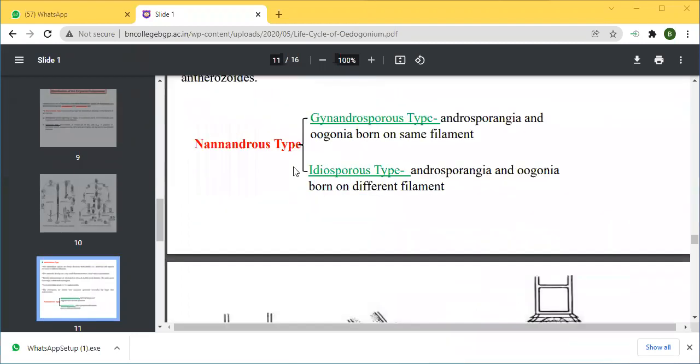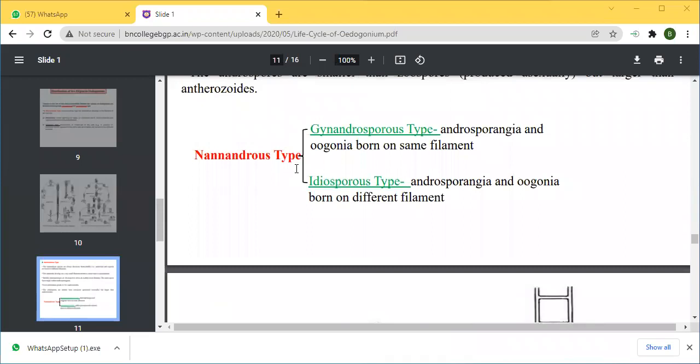Again, these Nanandrous species are of two types: Gynandrosporous and Idiandrosporous. What is the definition of both? Androsporangia, that is the male reproductive organ, and oogonia, the female reproductive organ.